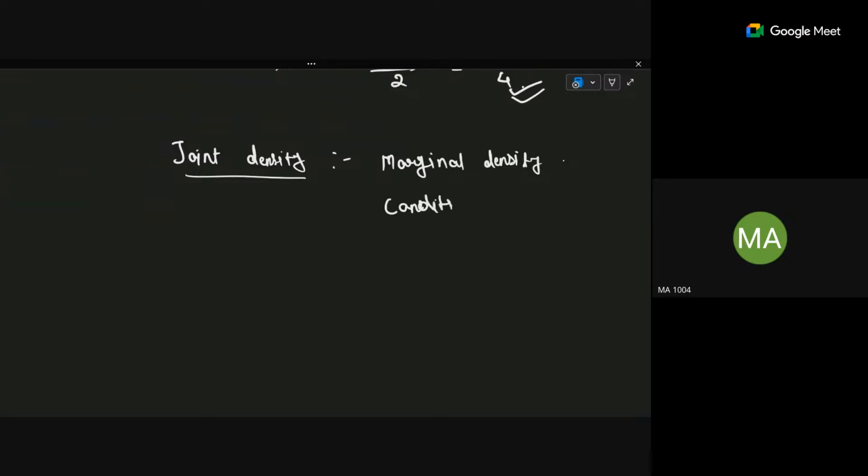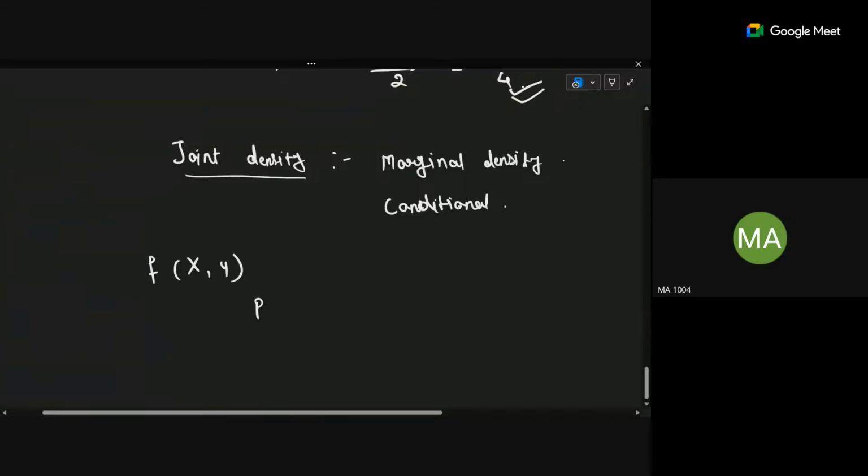So what is marginal distribution then? Marginal is whenever we are interested in finding out the distribution function of one random variable, when we are given the joint density, let's say fxy, and we are interested in the probability density function of only x or only y.